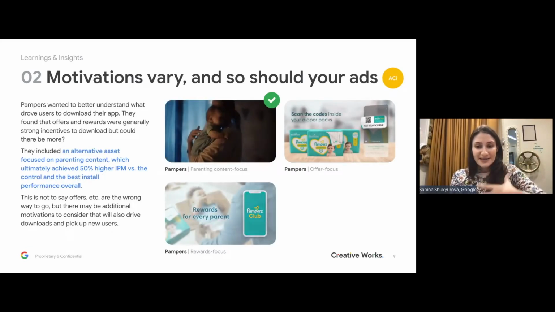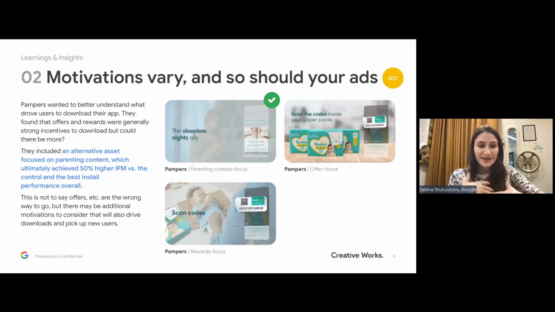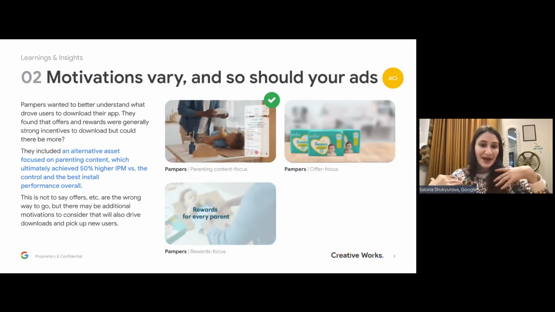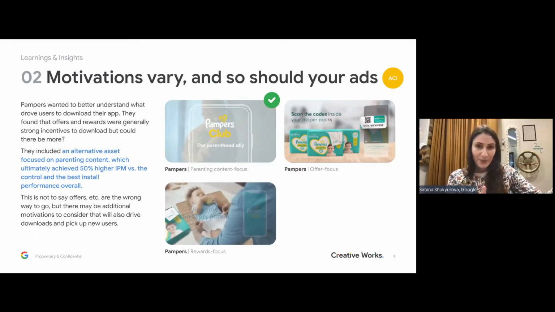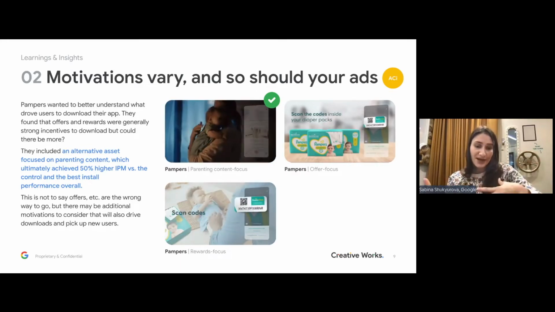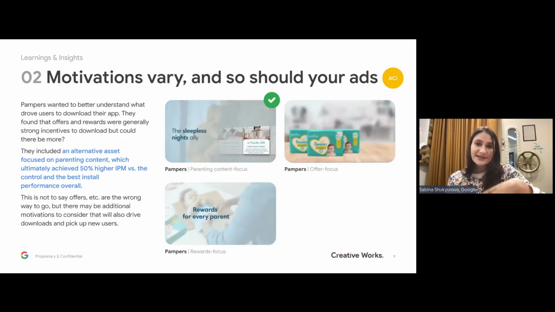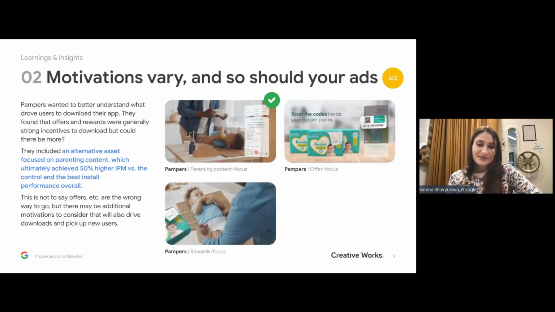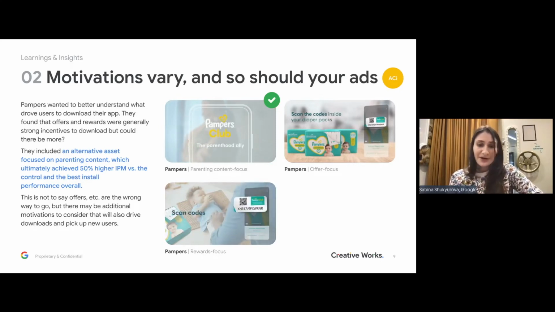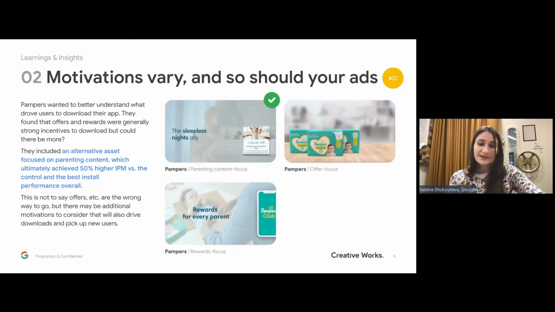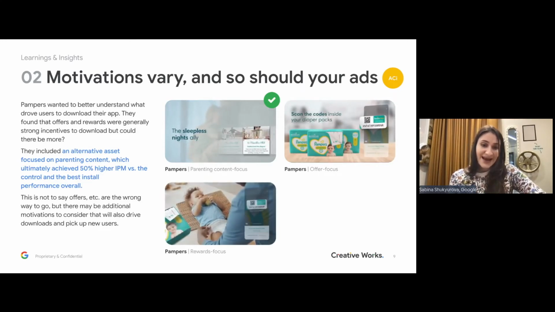So the parenting content focused ad not only achieved a staggering 50% increase in IPM, installs per 1,000 impressions, one of the core metrics that we use for understanding how the creatives work, compared to the control, but it has actually had the best install performance across all of the assets.